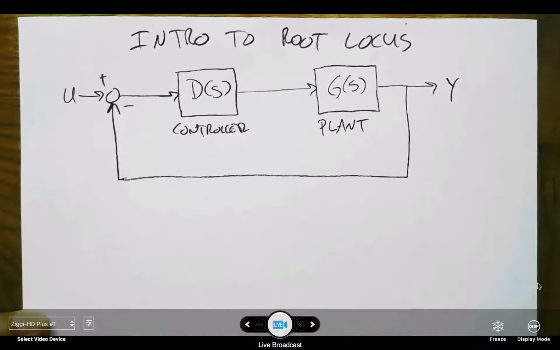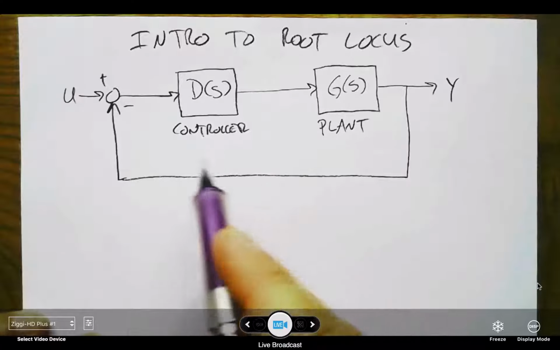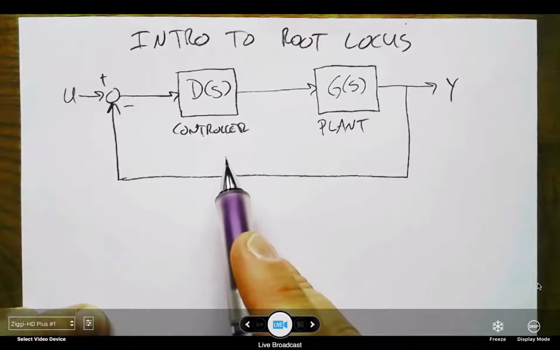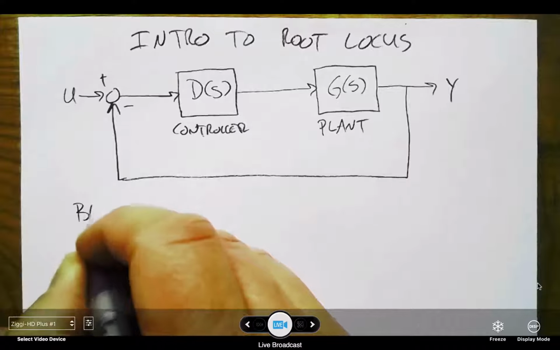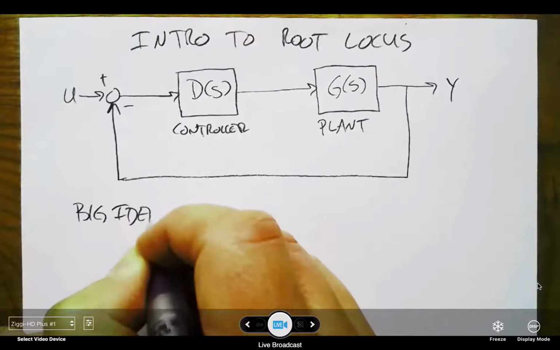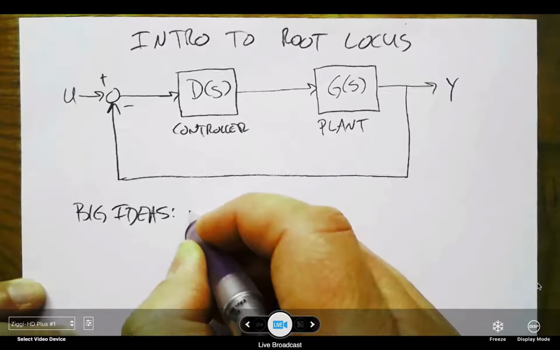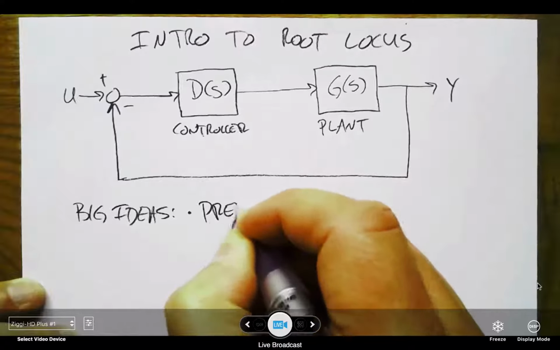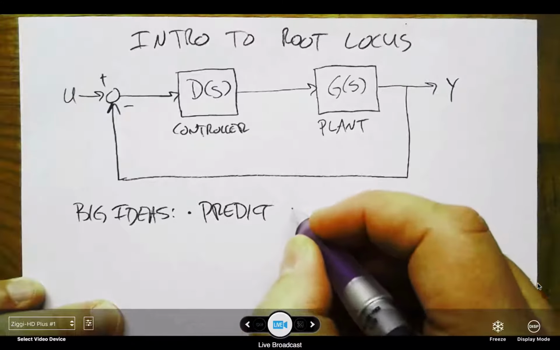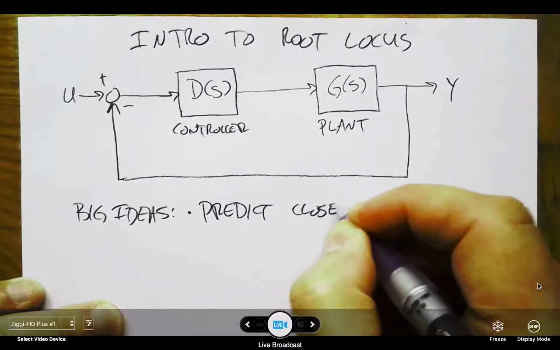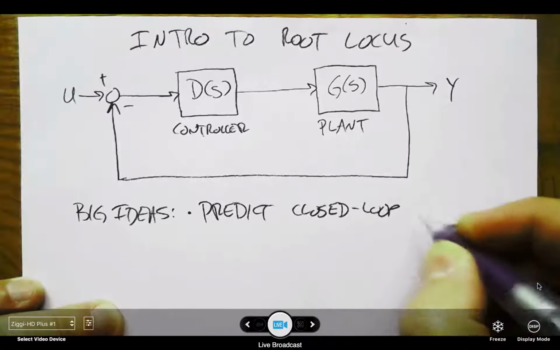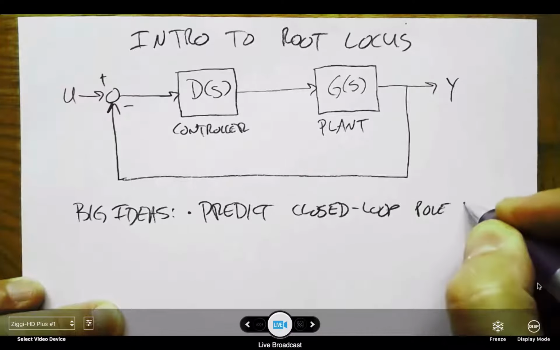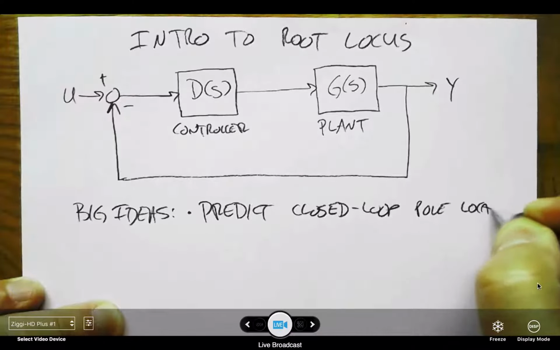The idea here is that we would have some gain k that we would ultimately factor out of the system, and we would want to predict, so big ideas, one, predict the closed loop pole locations based on the open loop transfer function.